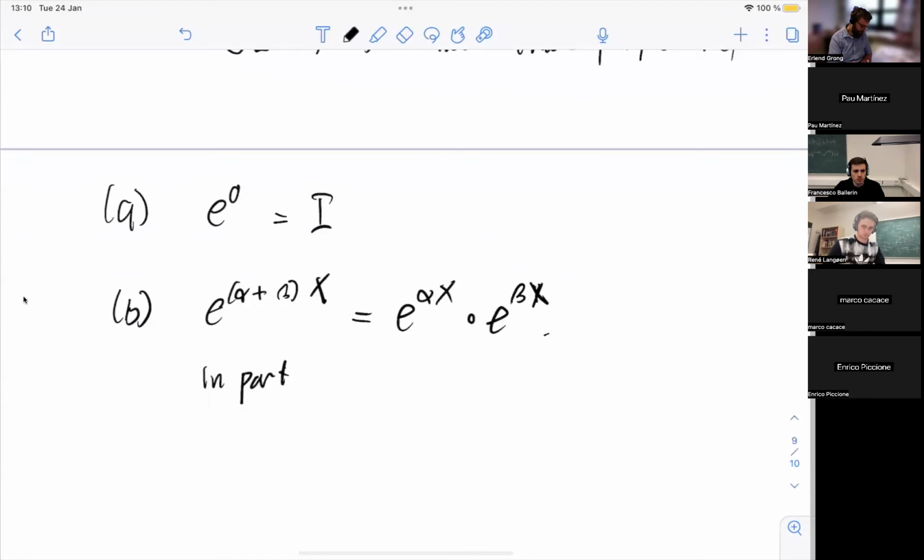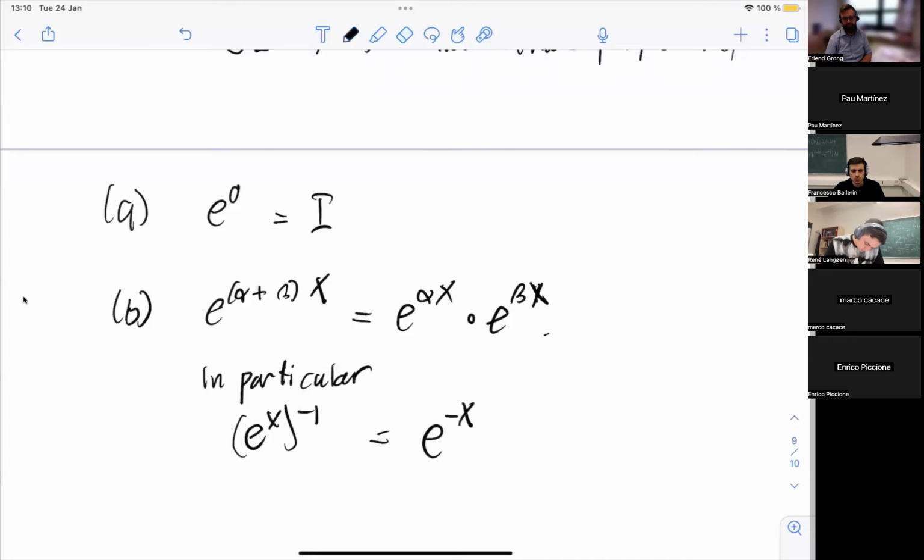In particular, e to the x inverse is equal to e to the minus x.